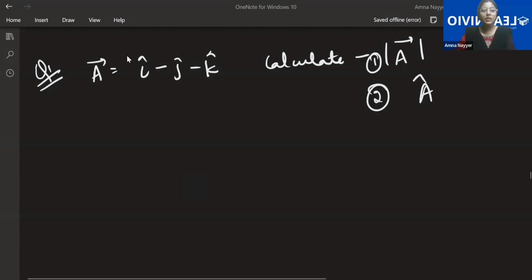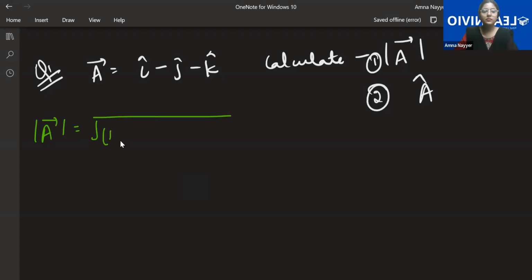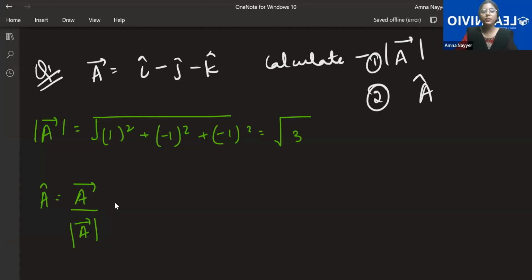Okay, let's match the answers. A vector is I cap minus J cap minus K cap. See, when we take out the magnitude, what's your magnitude coming? √3. 1 square plus -1 square plus -1 square, that is √3. Now, when you are making the unit vector, take the vector as it is divided by its magnitude.